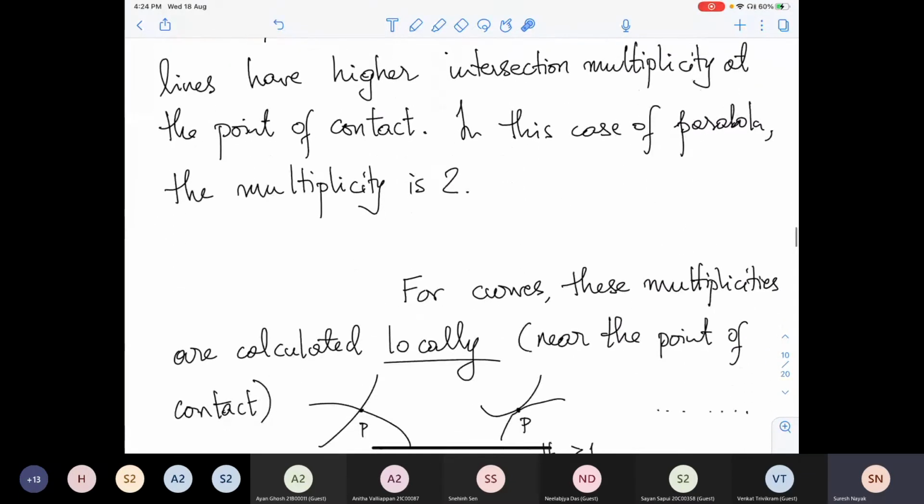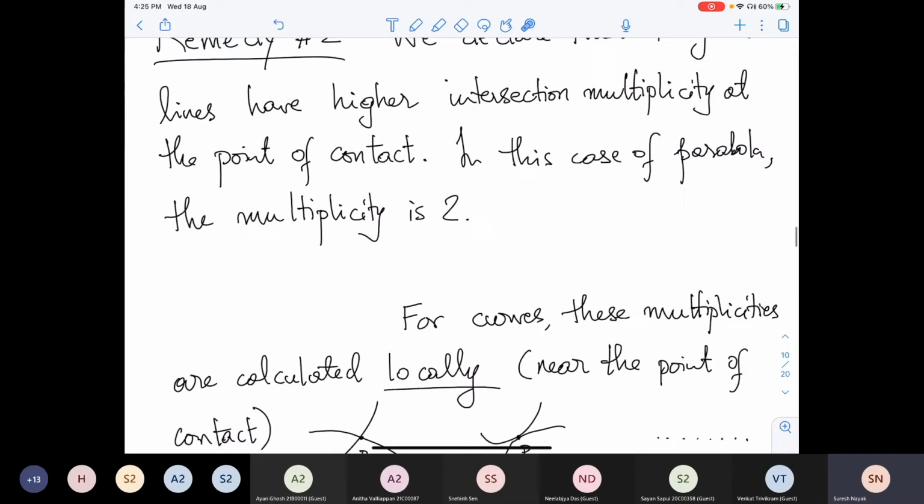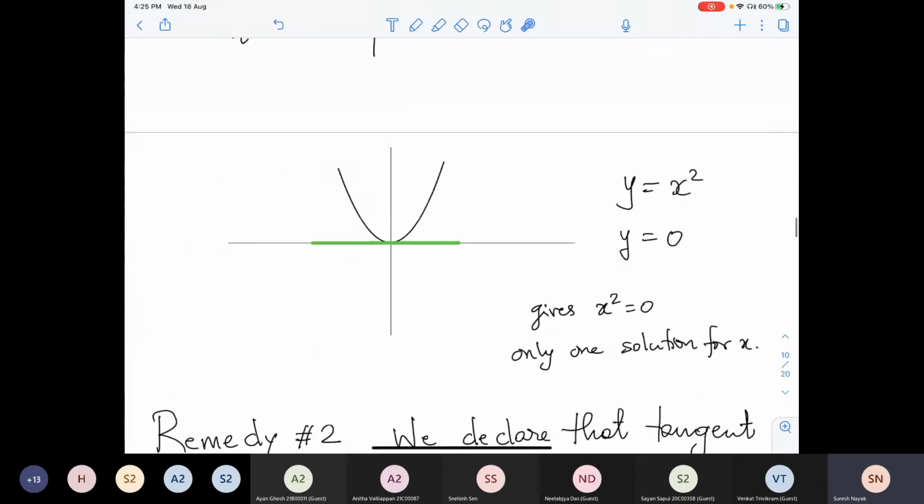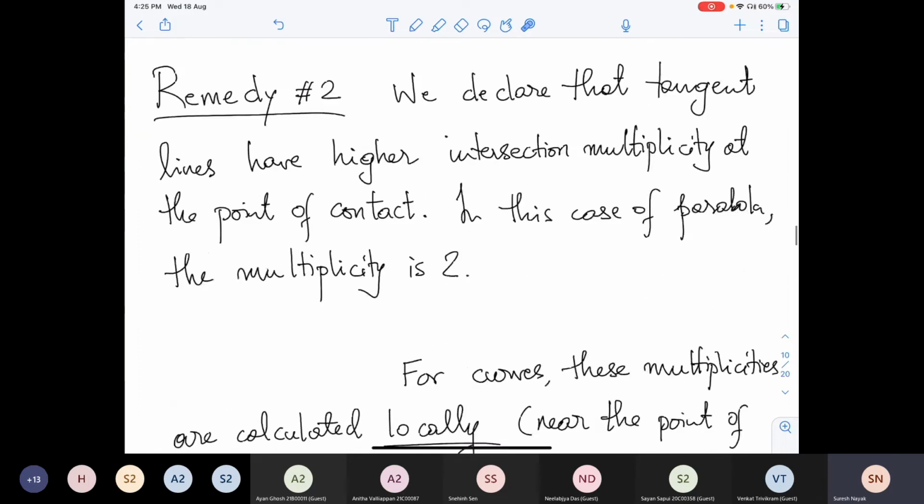For curves, as I said before, I'm not going to tell you how to calculate these multiplicities, but maybe I'll say something about it orally. For curves, these multiplicities are calculated locally. This whole thing is a local calculation because it's a very local phenomenon: just what is happening in the neighborhood of this point near the point of contact, and what is happening far away is not really relevant.